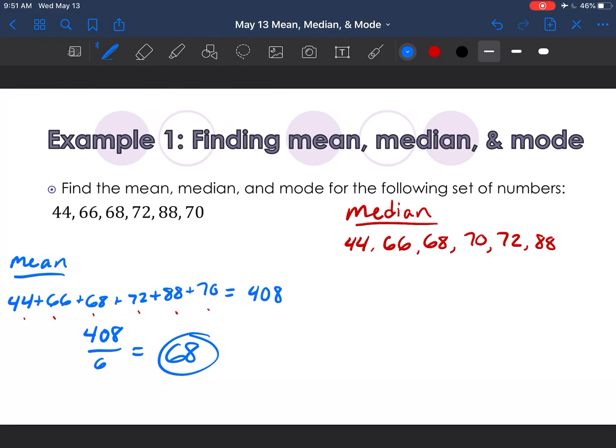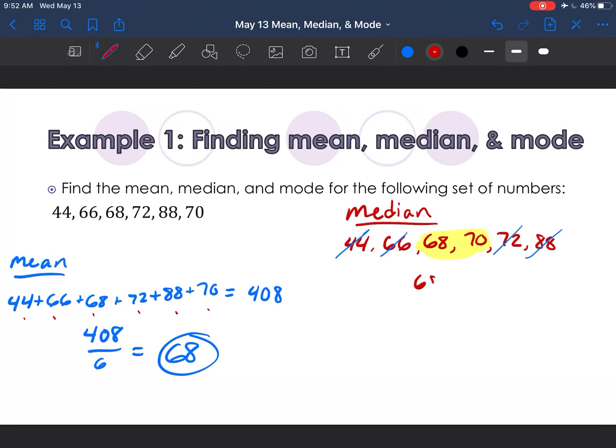The median is going to be the number in the middle, so cross one off from each end until you get to the middle. Now the middle in this case is a little bit different because the middle is going to be these two numbers right here, 68 and 70. In order to find the median when there are two numbers in the middle, you add them and divide by 2.